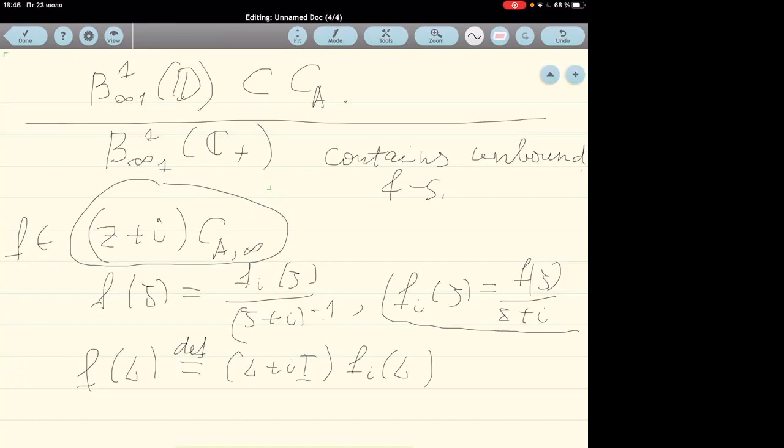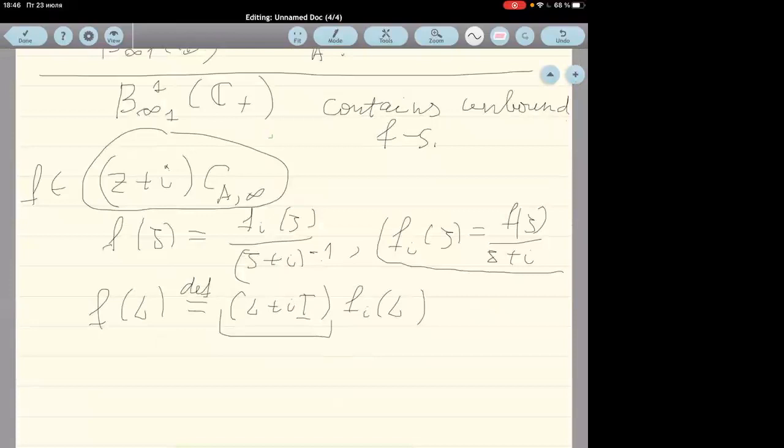So there is no problem to define f_i of L. It is a bounded linear operator, but the operator L plus i can be unbounded. And so how to define this operator? It is a densely defined operator, and its domain consists of those vectors x for which f_i of L x belongs to the domain of L.